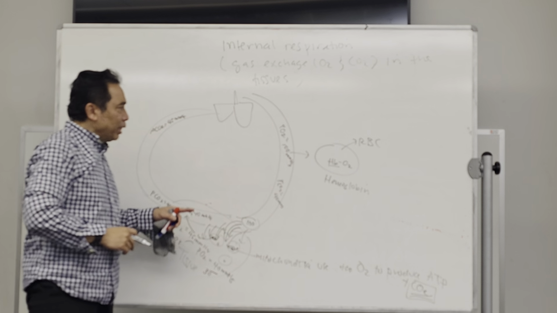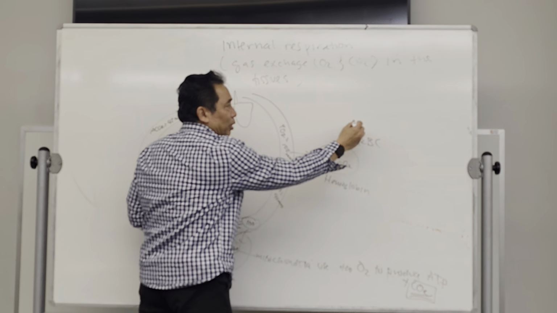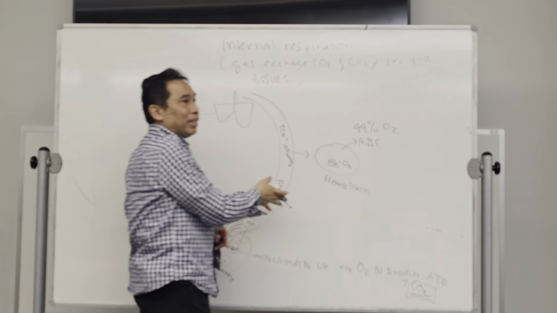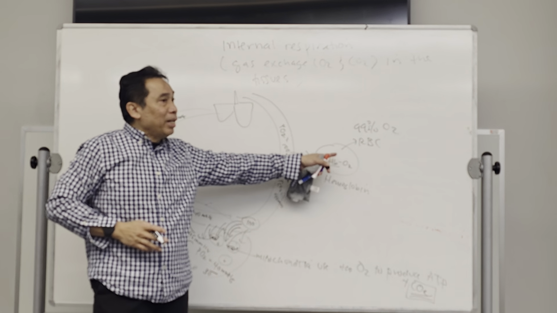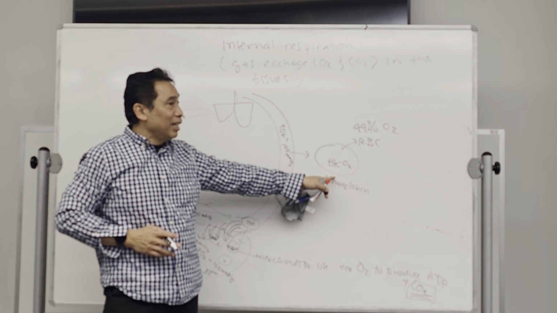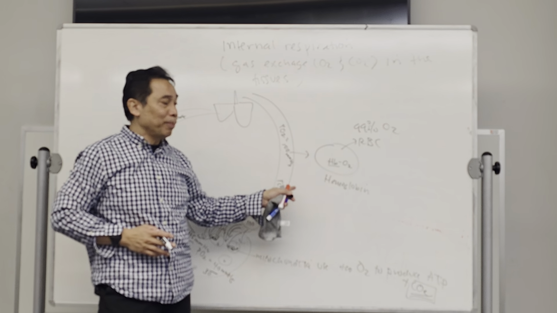So the transportation of oxygen is mostly carried in the red blood cell. So 99% of oxygen will be carried here, even 99.5. It's very close to 100% of oxygen that will be carried by the red blood cell. So the red blood cell is a very important cell that carries the oxygen. Only 0.5% will be in the blood plasma.